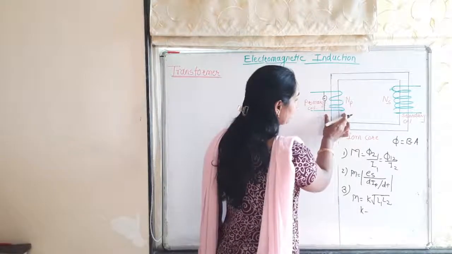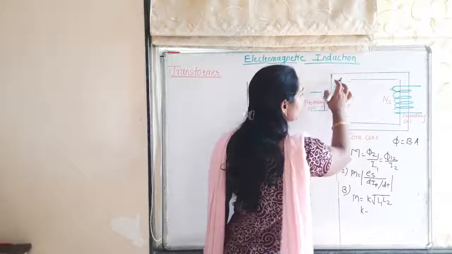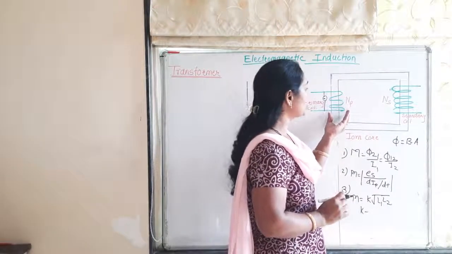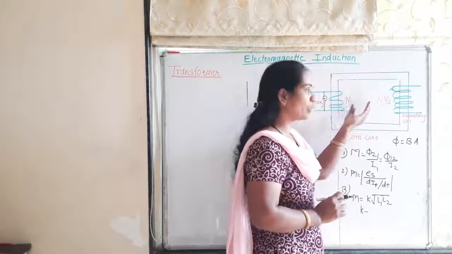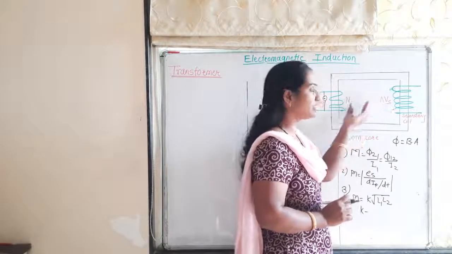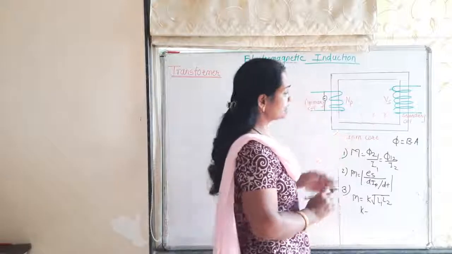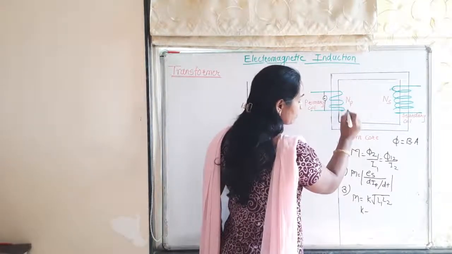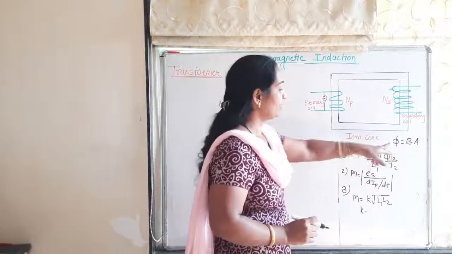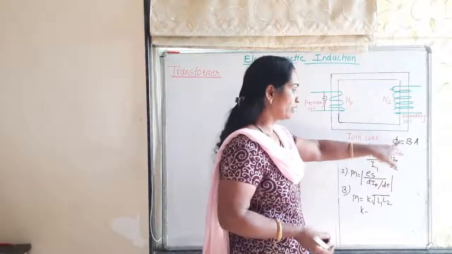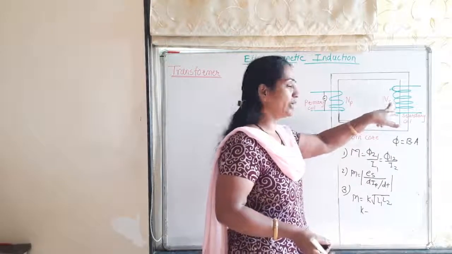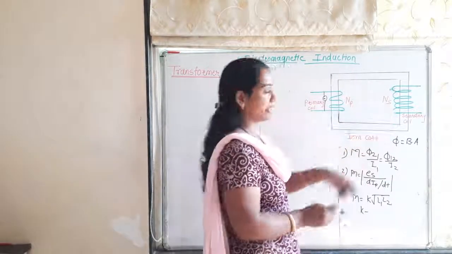This magnetic flux passes through the iron core, so the flux of the primary coil and the flux of the secondary coil are the same. The flux depends upon the number of turns of the primary coil and the number of turns of the secondary coil.